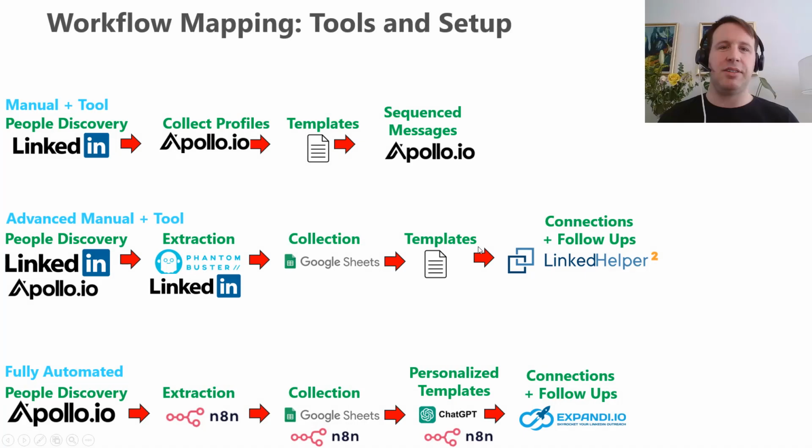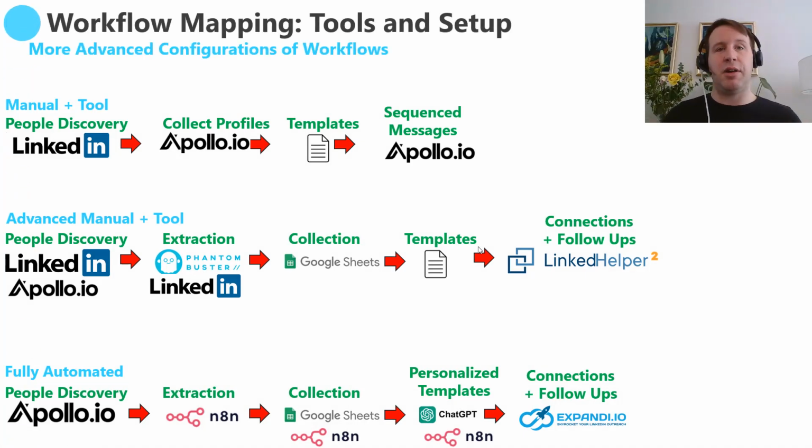Super easy stuff. It starts to get a lot more interesting when you're doing these in bulk. And so some of the tools that I've outlined and will outline shortly allow you to collect all the profiles of a similar type and then generate templates that have variable merge fields and then run these sequences.